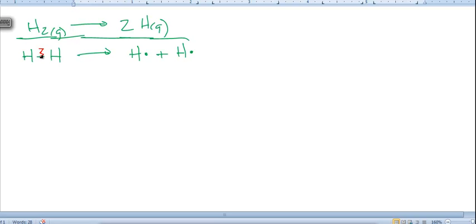We're going to have to break the bond. And as you can imagine, these hydrogens don't like to hang out for no reason. They're more stable when they're bonded together. And so things that tend to be more stable, if you want to drive them in the direction of less stable, then you're going to have to put energy into the system.